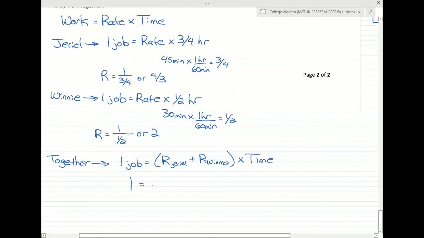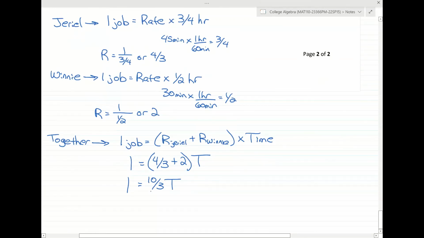Together, it's just going to be one job is equal to Jerry L's speed, which was 4/3, plus Winnie's speed, which was 2, times time. All we have to do is combine those together and solve for time. 4/3 plus 6/3 is 10/3. And then dividing by 10/3 gives us a time of 3/10 of an hour. Or 3/10 times 60.